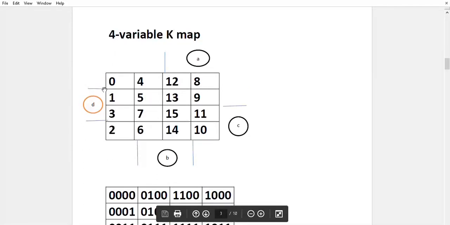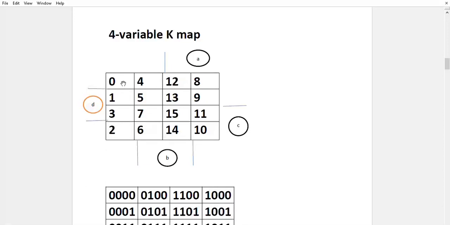So once again I repeat, the number of squares is 4 by 4. So 4 rows, 4 columns, and the numbers start with 0 and end with 15. And look at that A. I put a line here that indicates the third column and the fourth column. The first letter is A itself.